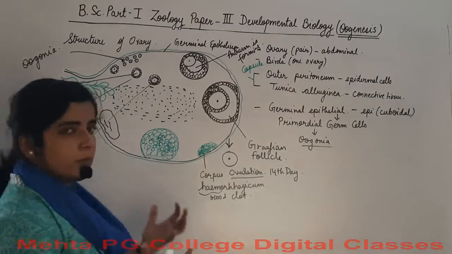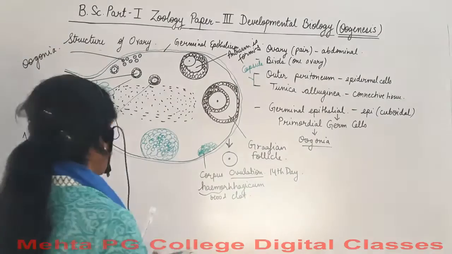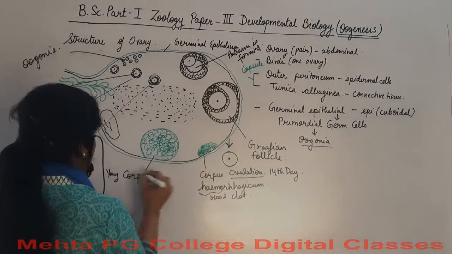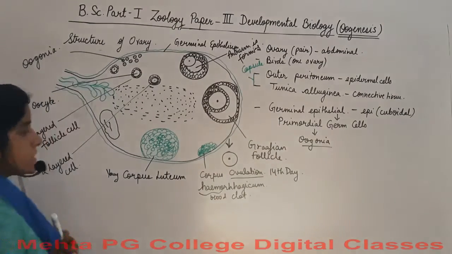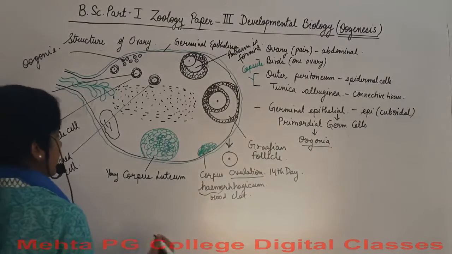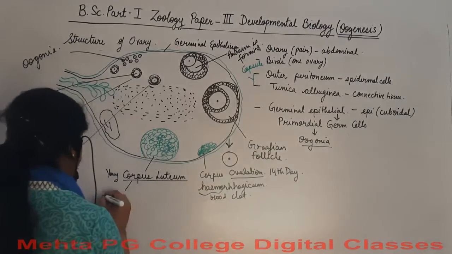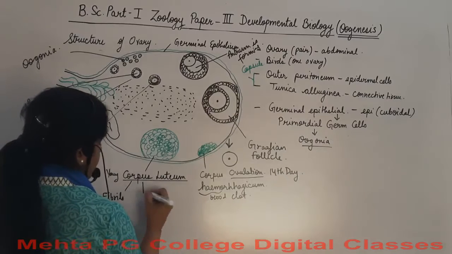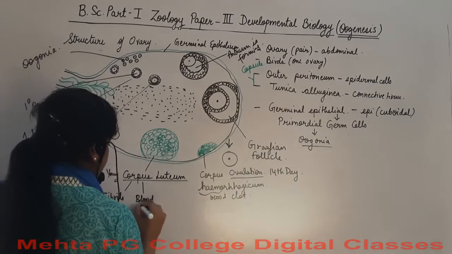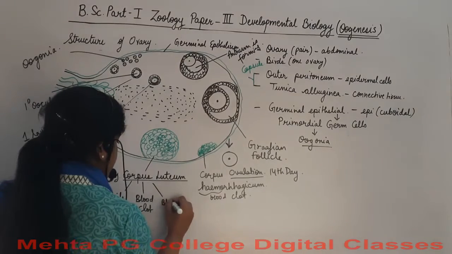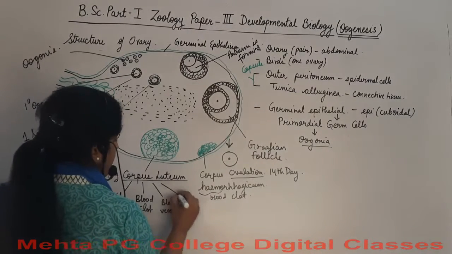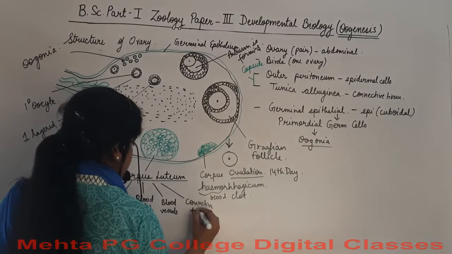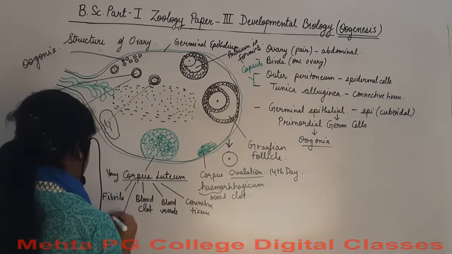Now this corpus hemorrhagicum grows and matures to form corpus luteum, or we can say young corpus luteum. So it is formed as corpus luteum. This corpus luteum contains fibrils, blood clot, blood vessels, connective tissue, and luteal cells.